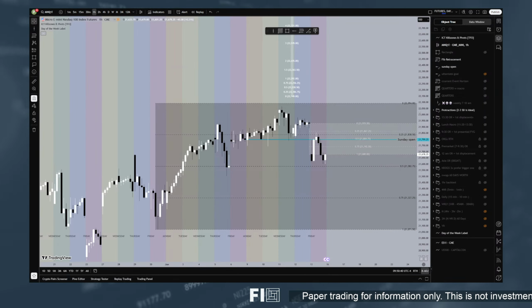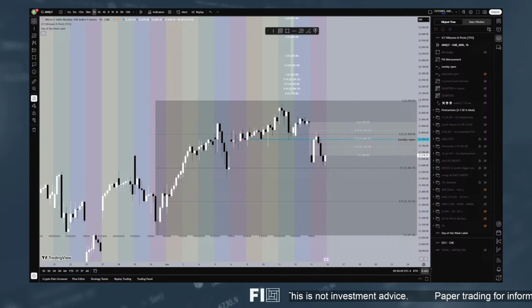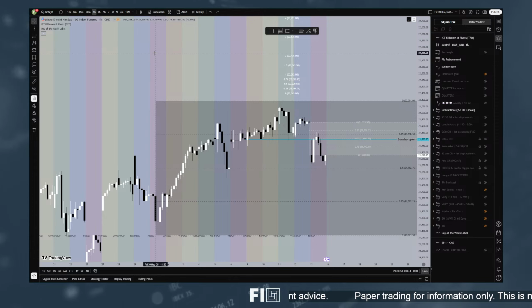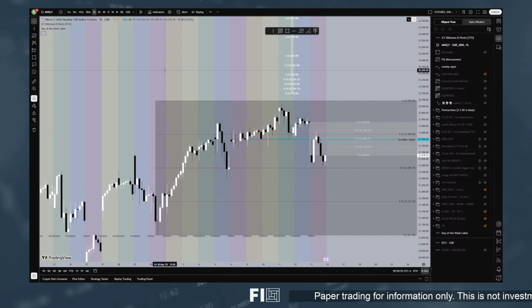So that got me thinking. Does the ORG, or the opening range gap, have its own electronic trading hours variant? Well, that's kind of what I've been thinking about lately. And in the mentorship program, he mentions that if the dealing range would be from midnight opening to 3 p.m., 3 p.m. is when the interbank price delivery algorithm operates until.